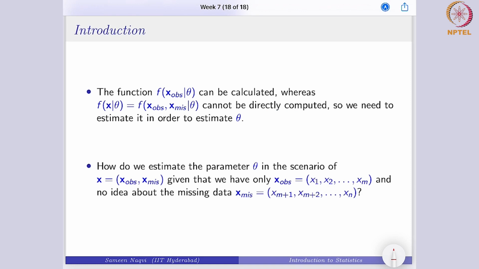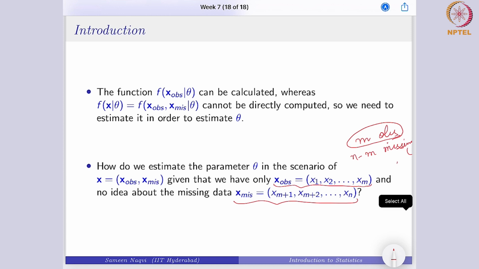And how do we estimate this parameter given that you have only certain observed values while the rest of them are missing? Here you have m observed and n minus m missing, and based on the likelihood function, you have to find the estimate for the parameter theta.